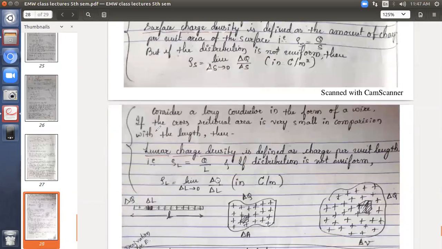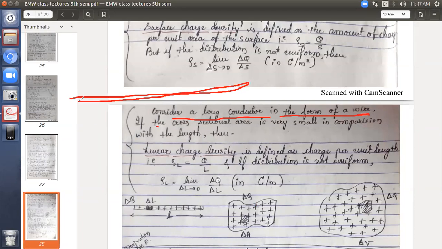Then let us see what line charge density is. For line charge density, we have a long conductor. Assume we have a wire of some length. This is the thickness of the wire, and this is the length of the wire.